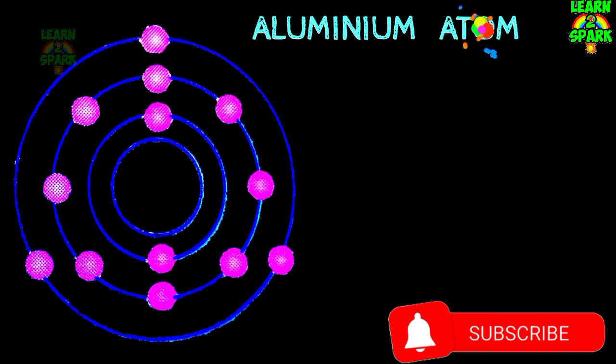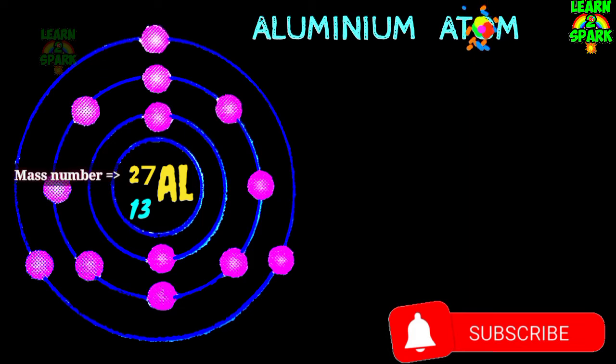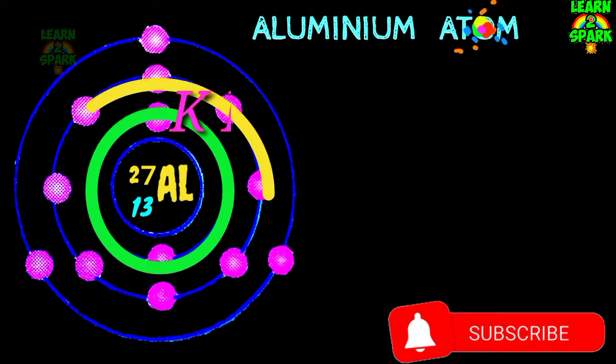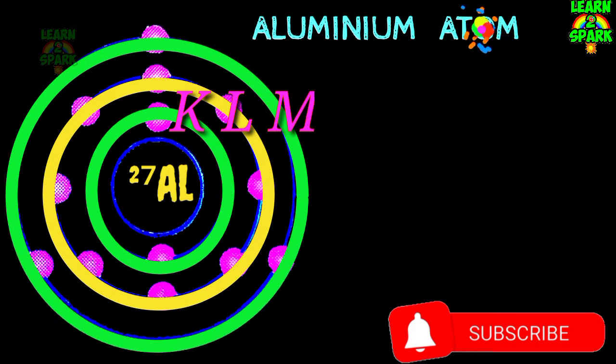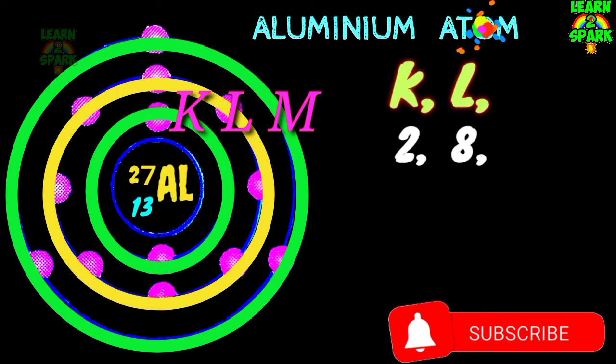Let's clear out the concepts using an example of aluminium atom having the mass number 27 and atomic number 13, which means it has 13 electrons in its orbits. The first two orbits K and L should have maximum 2 and 8 electrons in its orbit.